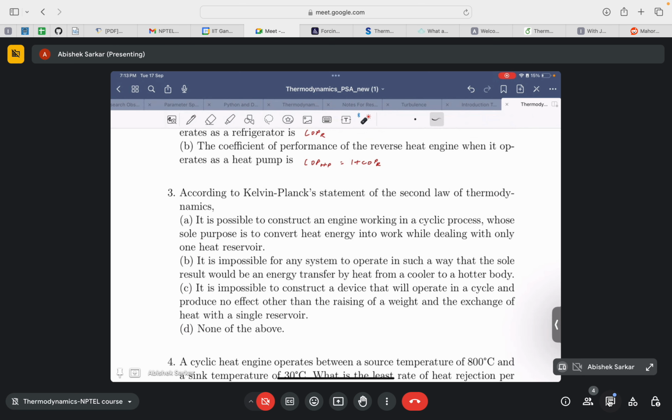Is it? It mentions that it is possible to construct a heat engine working in a cyclic process whose sole purpose is to convert heat energy into work while dealing with only one heat reservoir. So A is not correct.